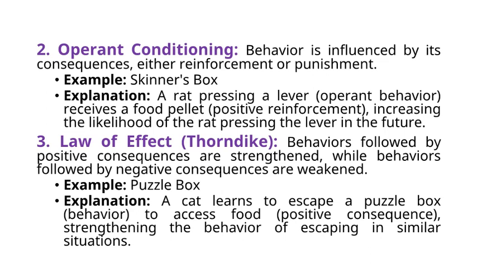Thorndike: behaviors followed by positive consequences are strengthened, while behaviors followed by negative consequences are weakened. Example, puzzle box explanation. A cat learns to escape a puzzle box. Behavior: to access food. Positive consequence: strengthening the behavior of escaping in similar situations.